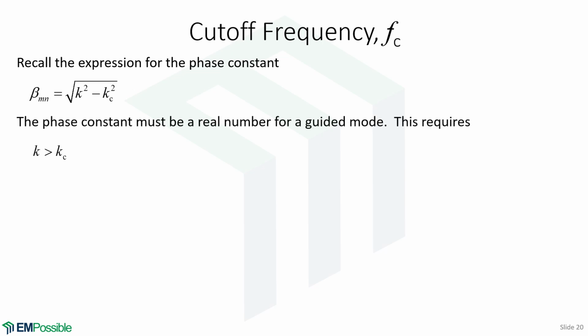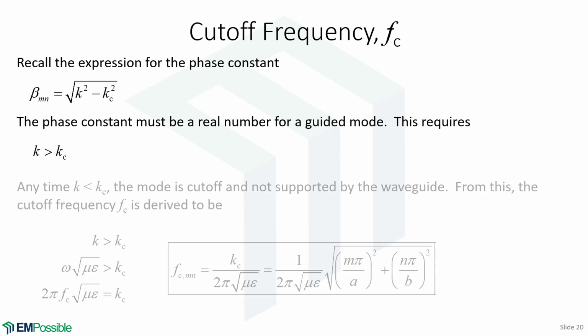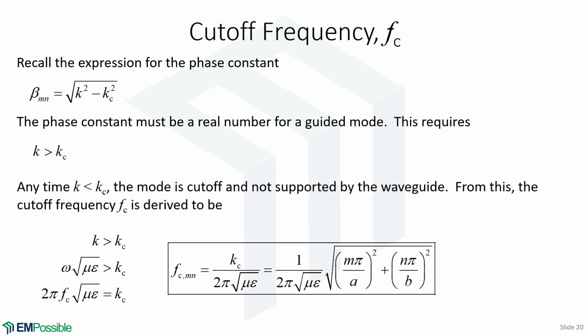So we need K greater than Kc, and so from this we can calculate a cutoff frequency just like we did for the parallel plate waveguides. We know that K is omega times square root of mu epsilon, so here's our frequency term that appears.